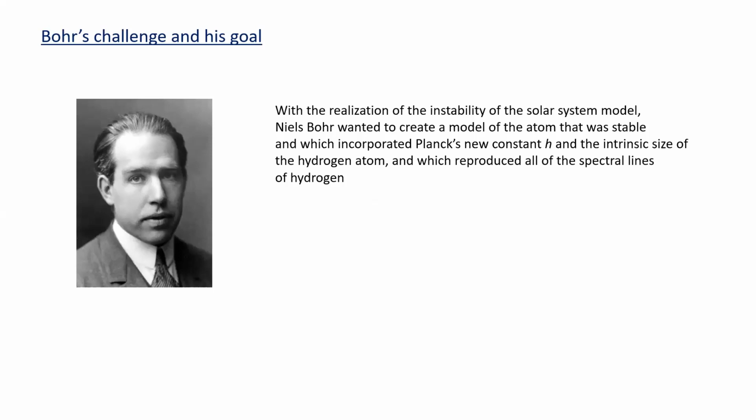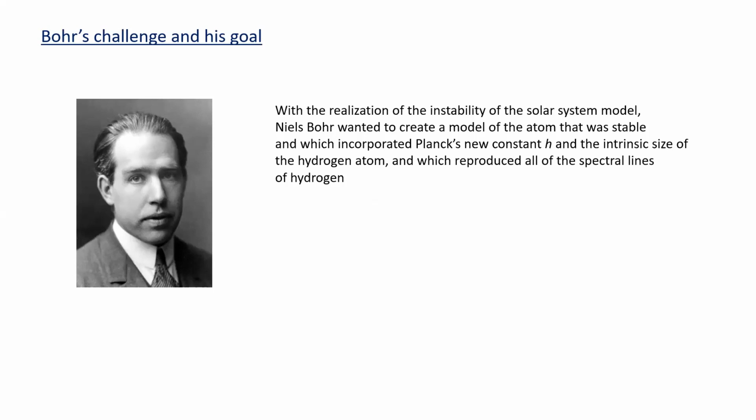So Bohr's challenge and his goal as he faced physics in the early 20th century was that he realized there was an instability in the solar system model, that the electron would radiate energy as it spiraled around the nucleus, and therefore we have the death spiral of the electron, so to speak.